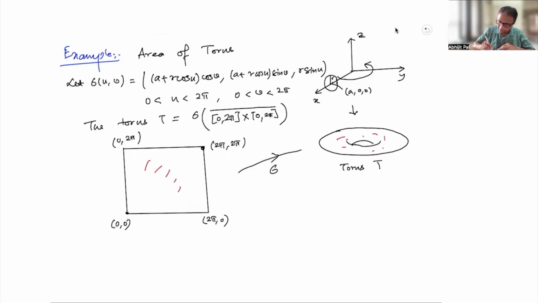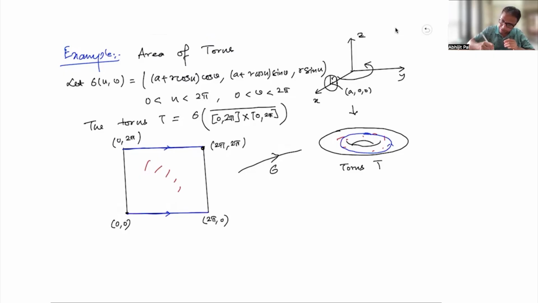Now observe where the boundary is going under sigma. If I take these two horizontal lines, sigma can be extended to the boundary of the square. This horizontal line will go to a closed curve in the torus like this.